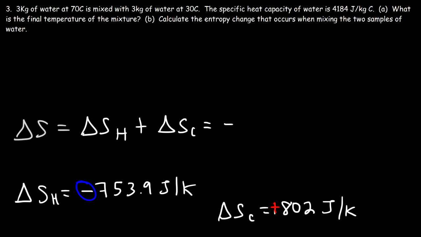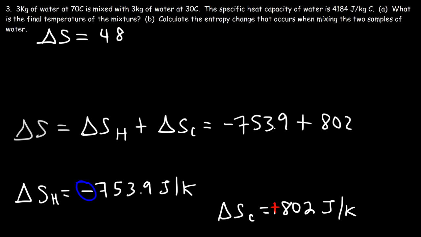So that's going to be negative 753.9 plus 802. And so the net entropy change is 48.1 joules per Kelvin. So that's the answer.